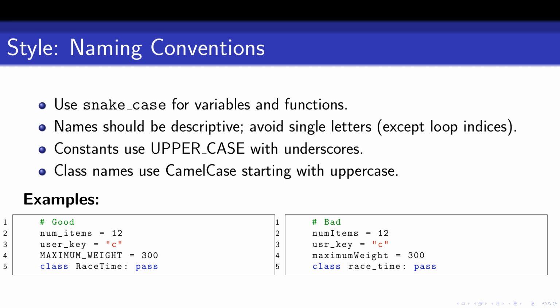Single letters are discouraged, except for loop counters or mathematical expressions. For example, num_items is far clearer than simply num or n. Similarly, user_key is preferable to usr_key or k. By following these conventions, you make it obvious what each variable represents and create code that is self-documenting, reducing the need for extra comments while improving readability for everyone who works with it.